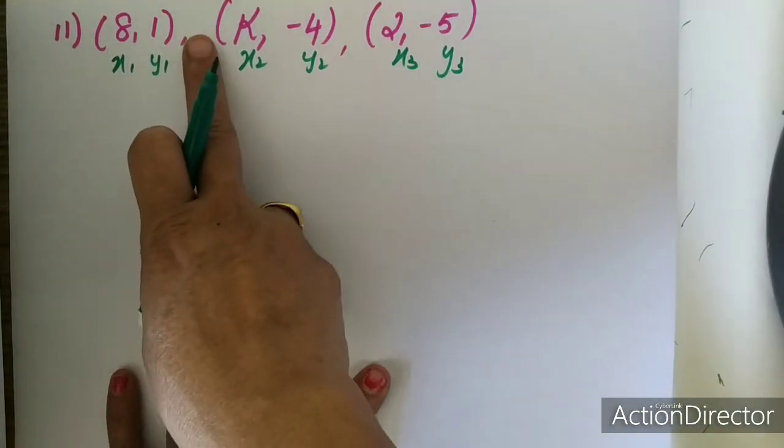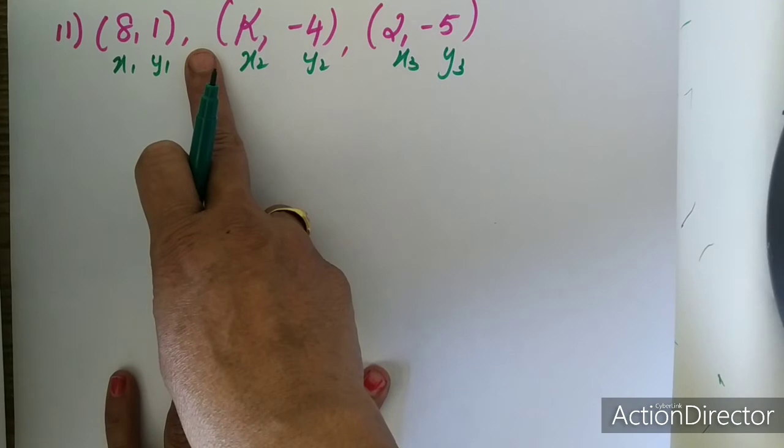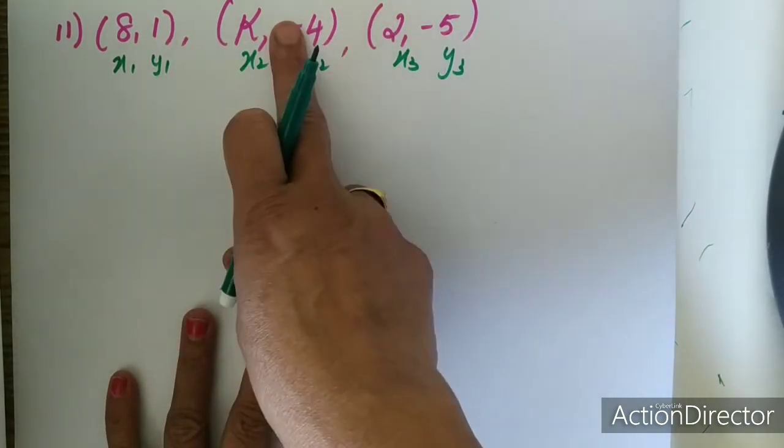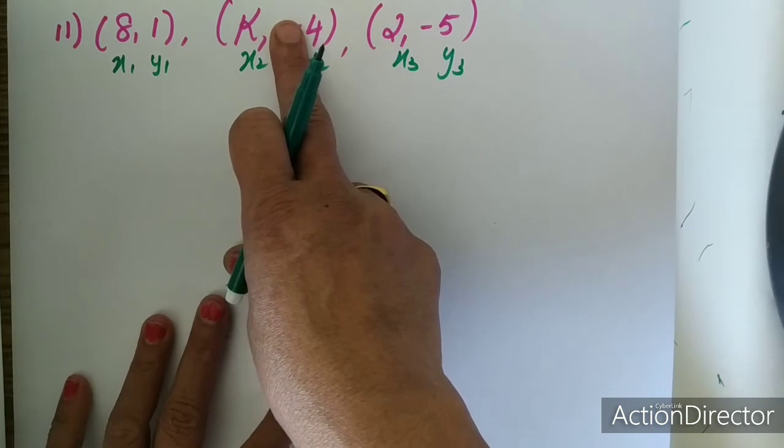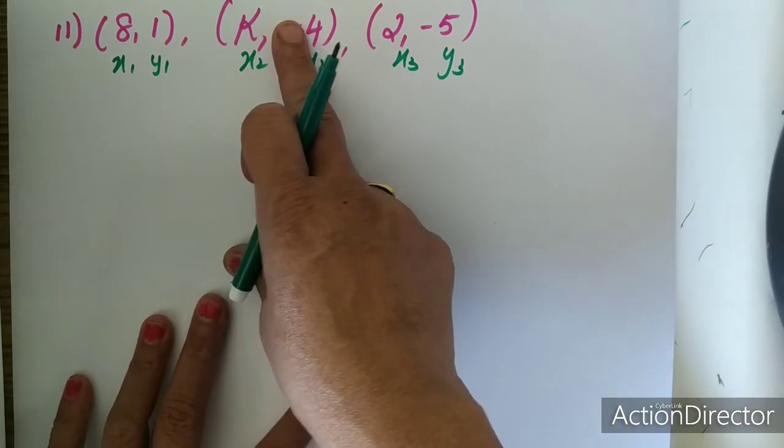So we will move to the second question, second part, which is also the same type. We have to prove these 3 points are collinear. So as I said earlier, if they are collinear, we have to write the area of triangle ABC is equal to 0.